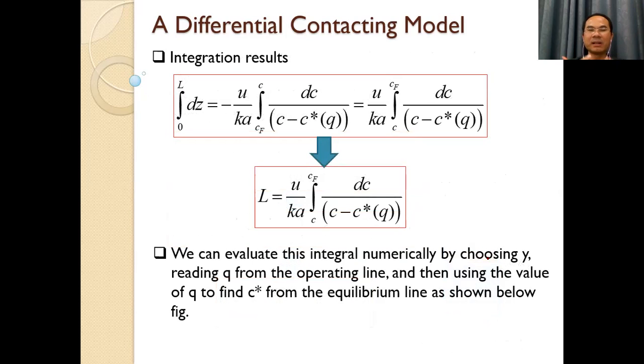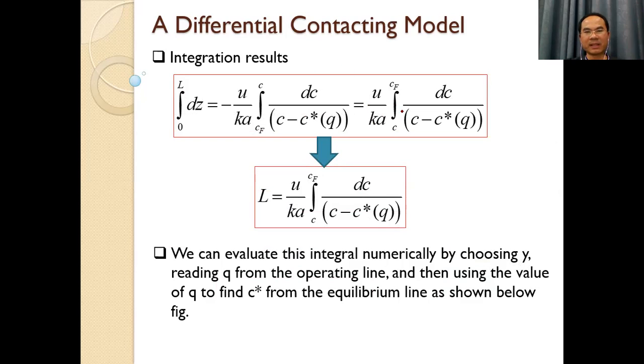Okay, and then you rearrange and integrate. That's how you take integration. You get z from 0 to the length L of the height. U over Ka is some constant. You integrate from Cf to C, dC divided by C minus C star, and this is equal to U over Ka.